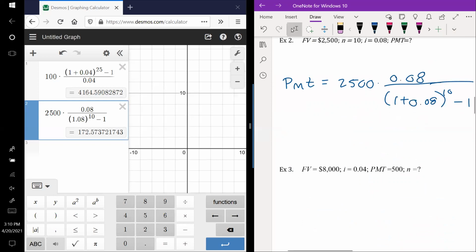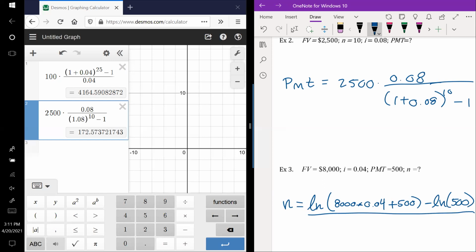So using that formula above, we're going to get N equals the natural log of the future value, which is 8,000, times I, which is 0.04, plus your payment, plus 500. And then minus the natural log of your payment, which is 500.